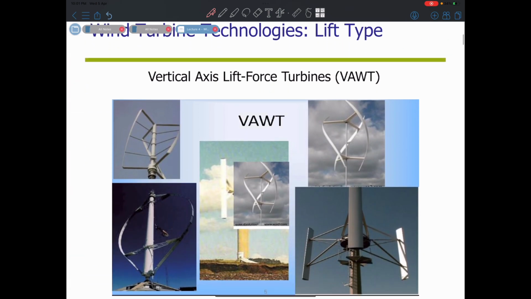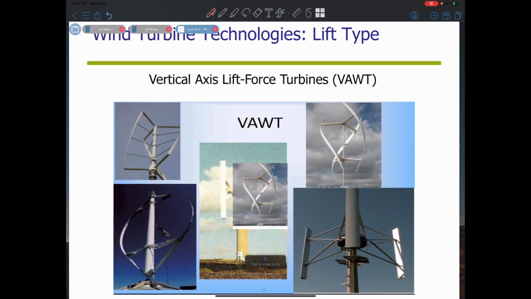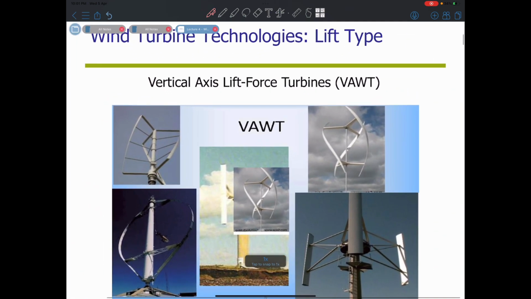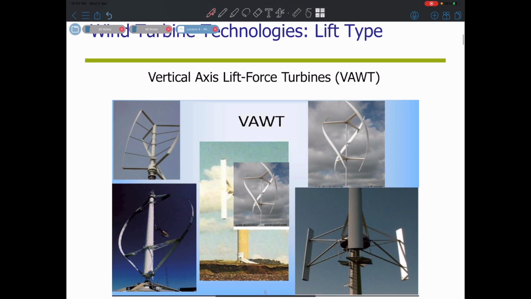And we have many other different types of vertical axis lift force turbines. The differences are in the design only, as you can see.